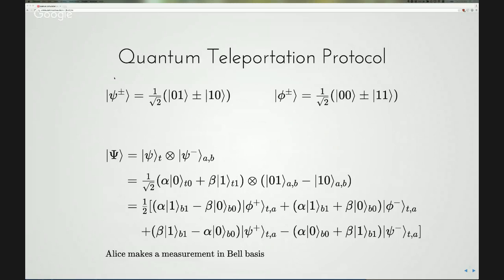So what Alice actually has to do is transmit 2 bits of classical information. Let's say she measured psi plus, and you want Bob to have alpha 0 plus beta 1. Earlier we talked about X and Z gates.